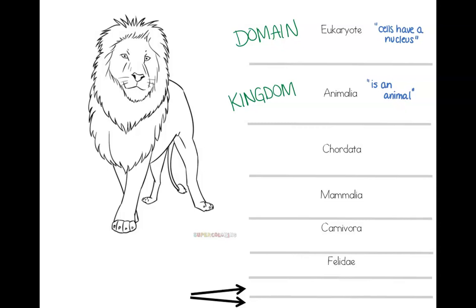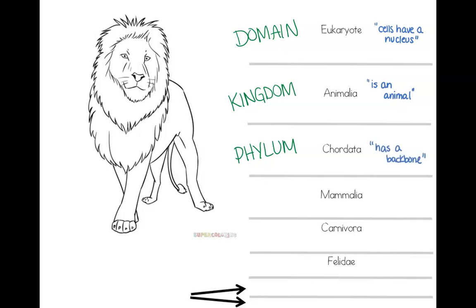The next level of classification for living things is called its phylum. Its phylum is a little bit more specific, and for a lion, its phylum is called Chordata. Right now, you probably don't recognize anything in that word, but that word is based off chordate.